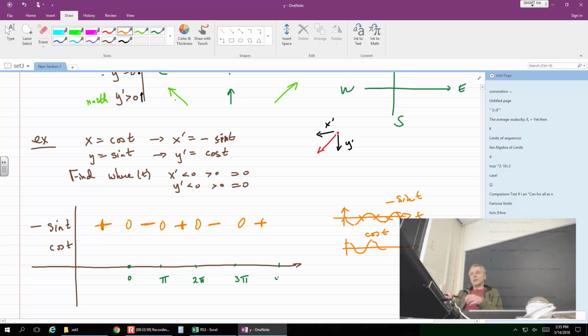What about cosine? Where does it change its sign? For what value of t is cosine t equal to 0?